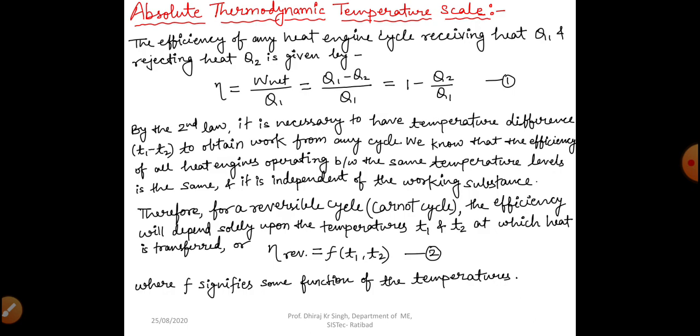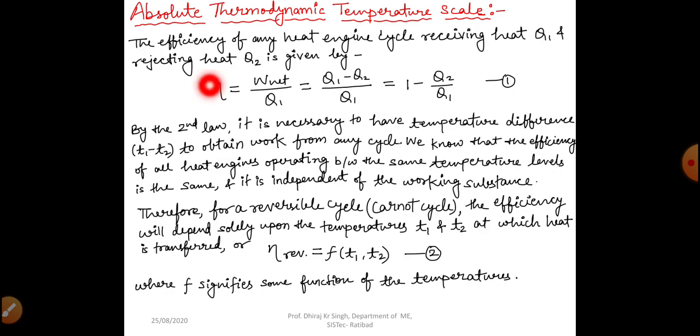The second reason why we are studying it is that we are trying to make a correlation between heat transfer and temperature. Without knowing the heat transfer, we will be able to easily find the efficiency of a heat engine and the COP of any refrigerator or heat pump.